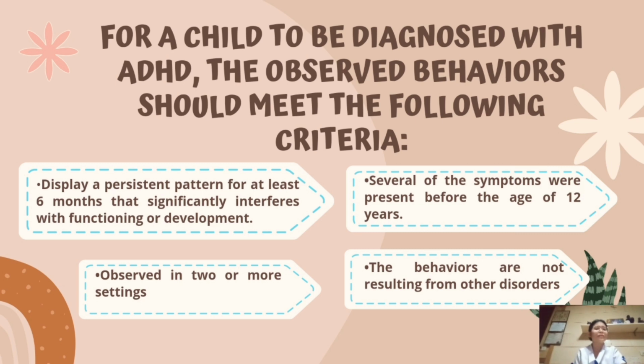Next, several of the symptoms were present before the age of 12 years. And then the behaviors are not resulting from other disorders, such as anxiety disorder. So it does not result from that kind of disorder.